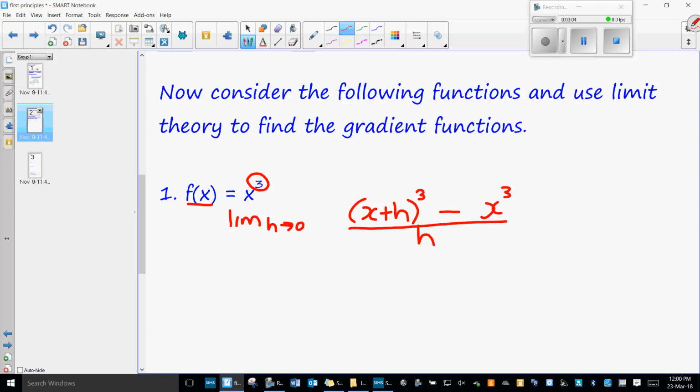Alright, so now we need to expand 3 brackets. So this is going to test your ability. Okay, so we're going to have 3 brackets here. Does anyone remember binomial expansion? Remember we did the binomial theory? Do you remember that?